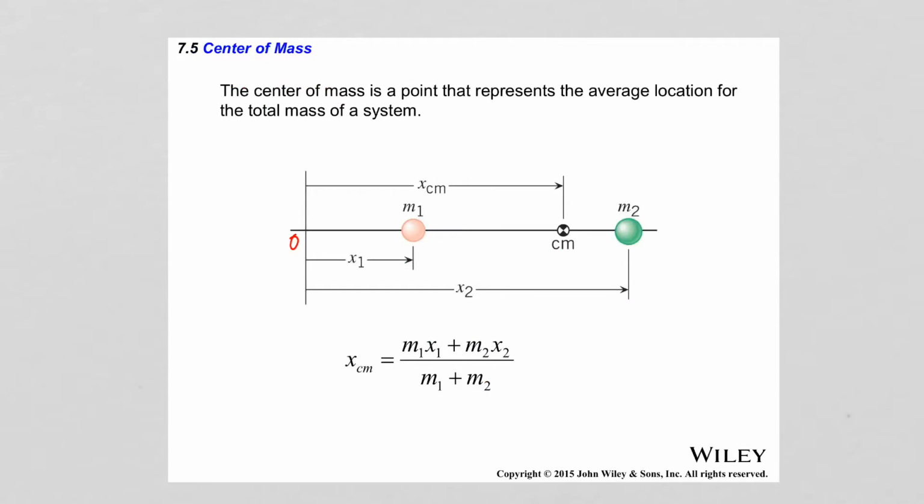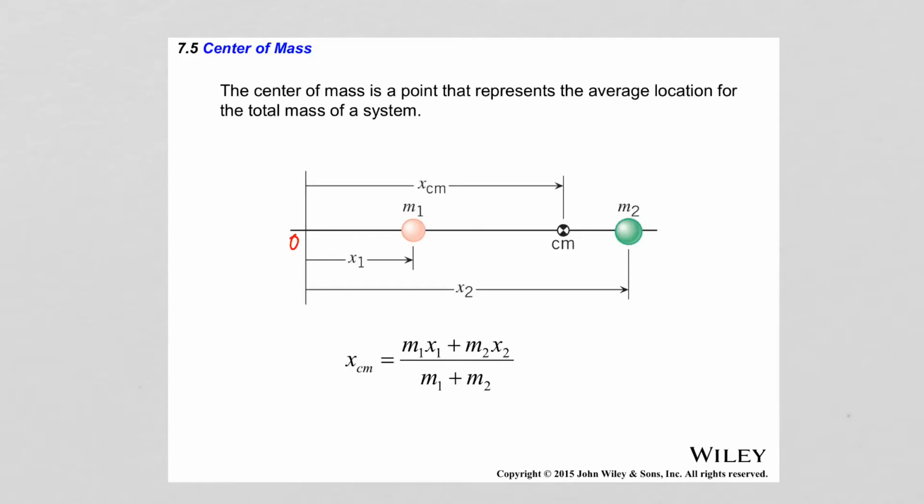So let's look at the following configuration. We have two masses, M1 and M2, that are positioned a distance x1 and x2 from the origin of a one-dimensional coordinate system with positive orientation to the right.